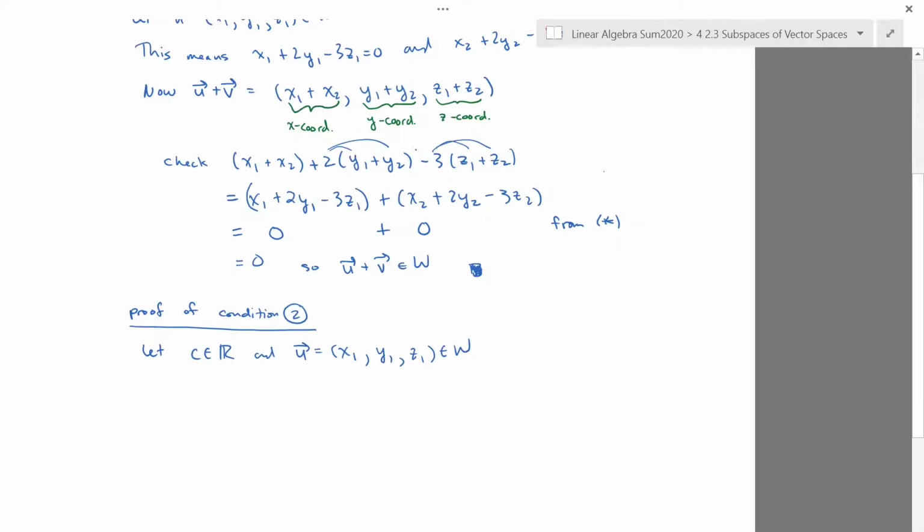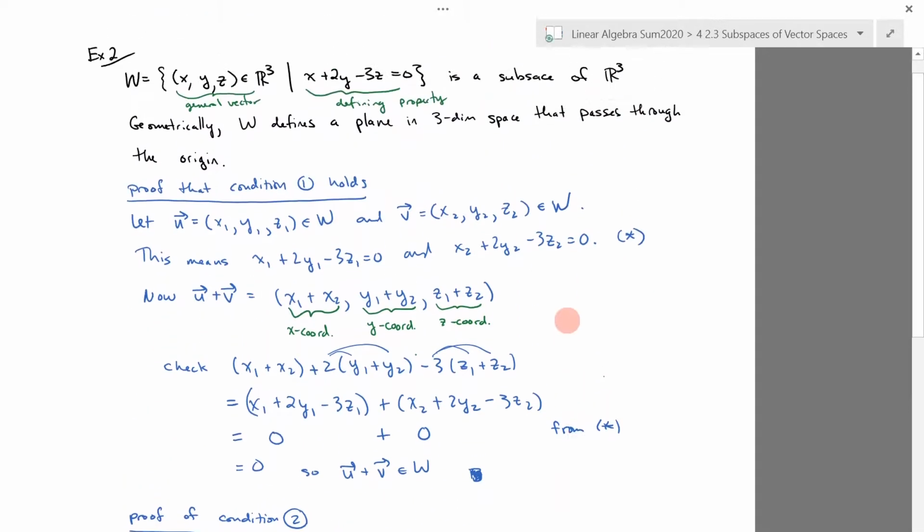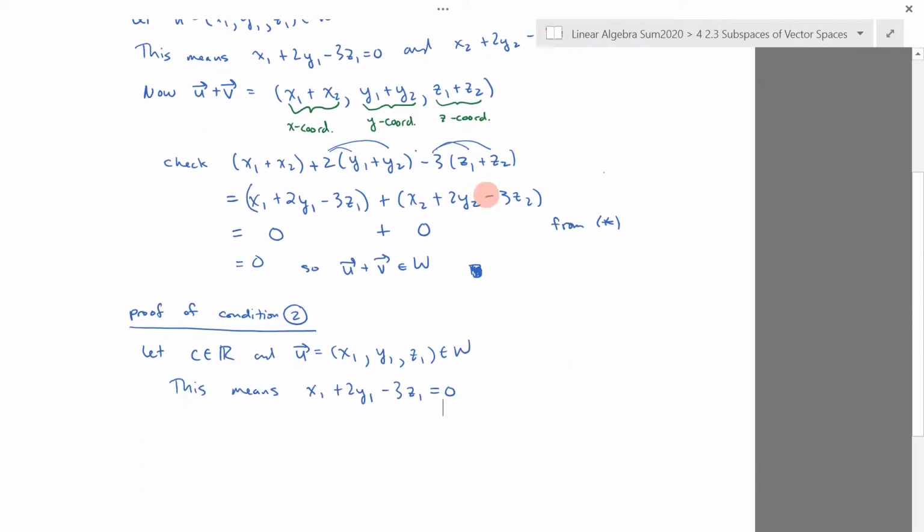So again, it satisfies the property, right? So this means x1 plus 2y1 minus 3z1 is equal to 0. Right, so the defining property.